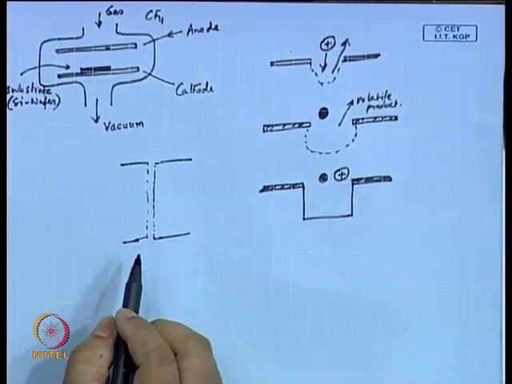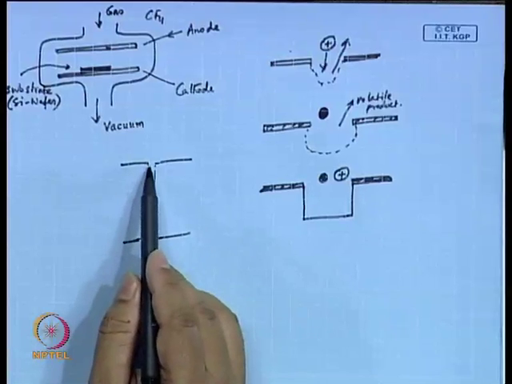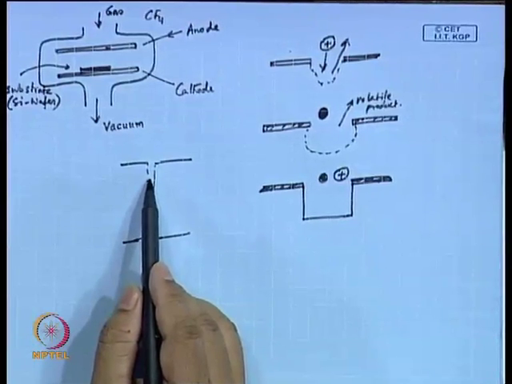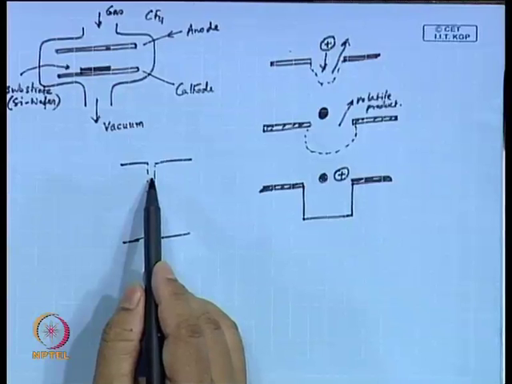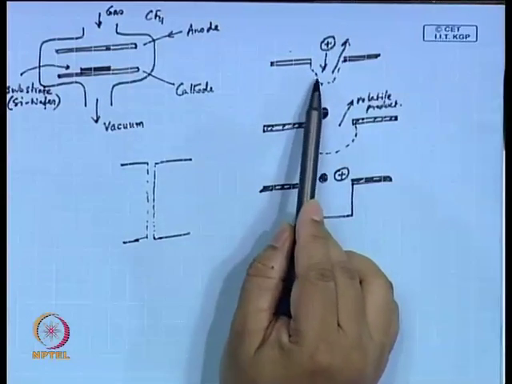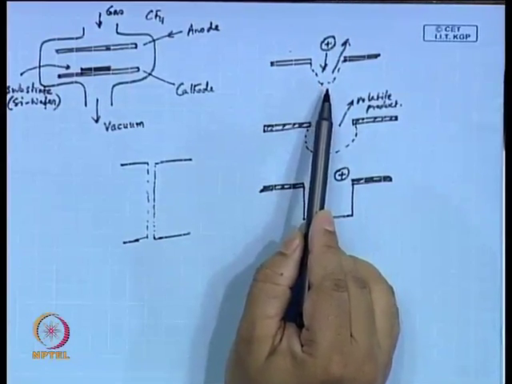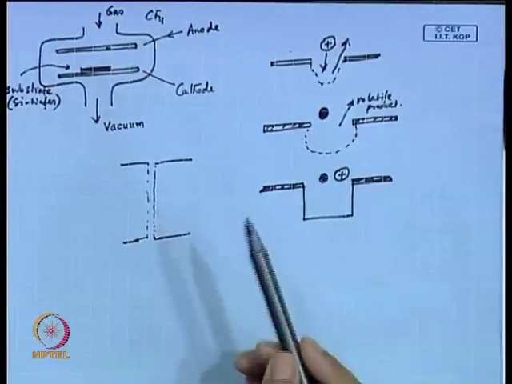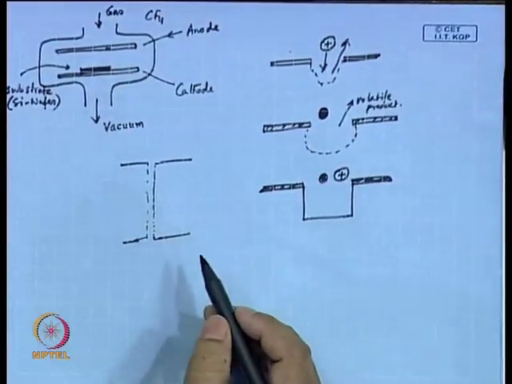This will not be very easy. If you are going by wet etching, it would be anyway slanted, so beyond a distance you cannot etch. If you are doing a physical etching, you will end up with some kind of anisotropy because of this bombardment and reflection of ions. So, at one point it is not possible.